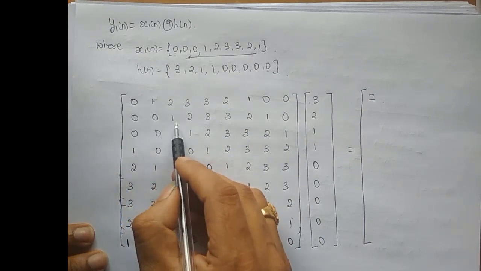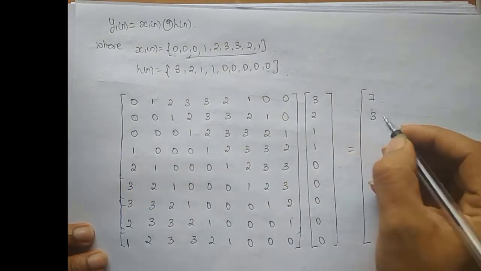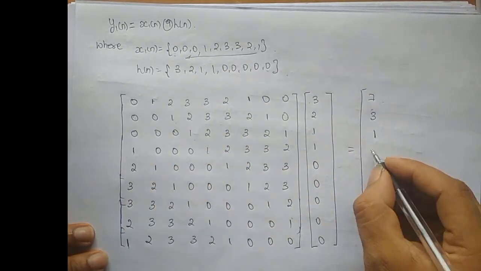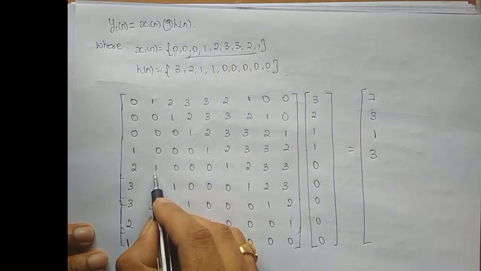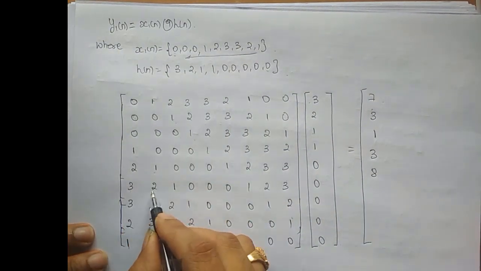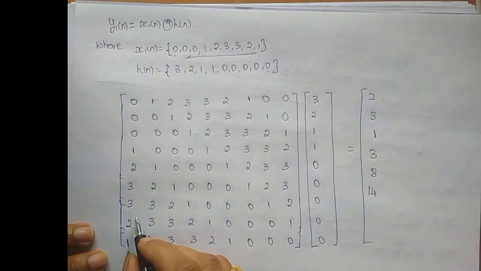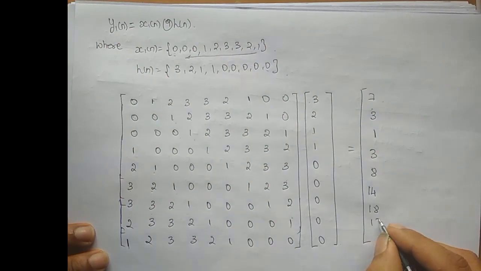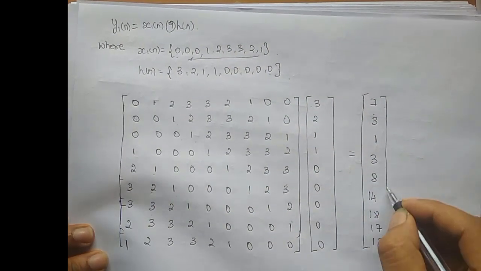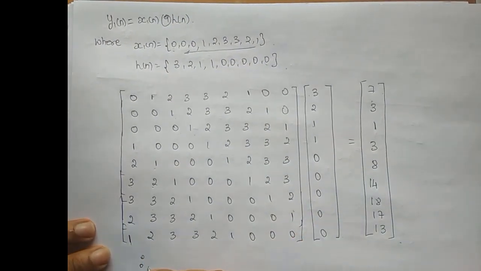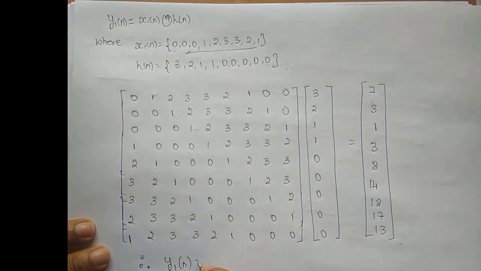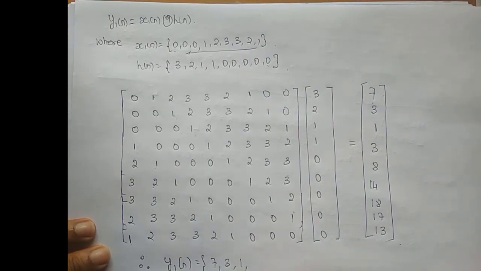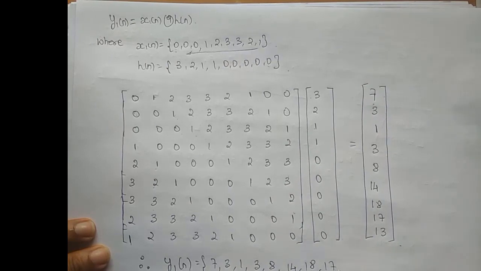So similarly, therefore y1 of n is equal to 7 3 1 3 8 14 18 17 13.